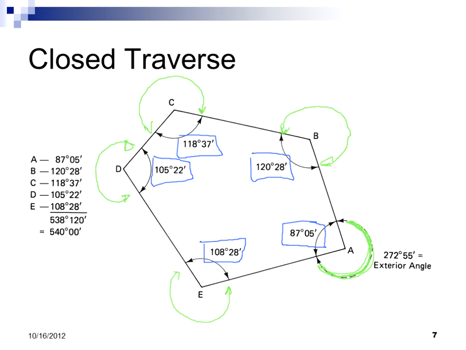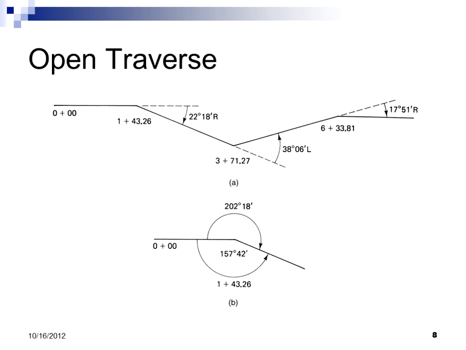Here we go. So in this example, the interior angles of our closed traverse equal 540 degrees. But as you could see from your field exercise, it's not typical that you end up exactly on the dot for measuring your interior angles.